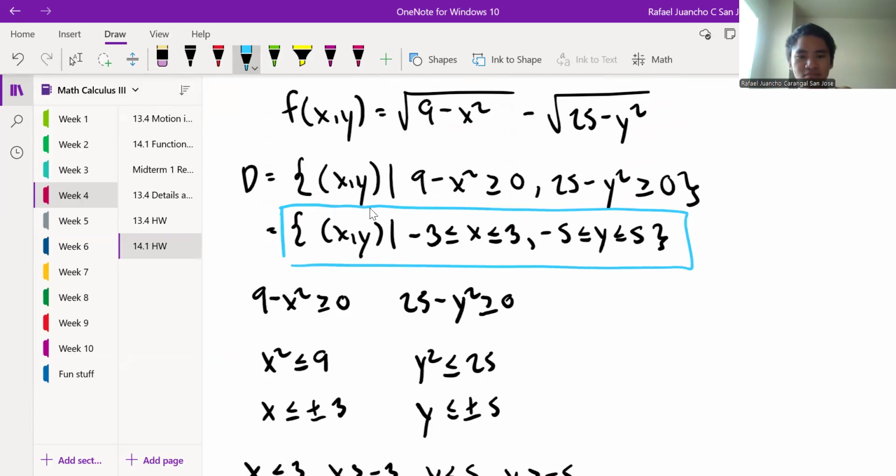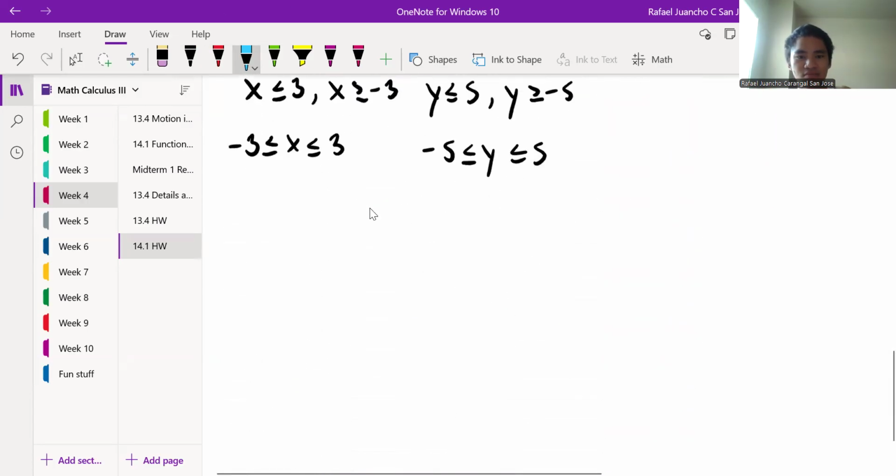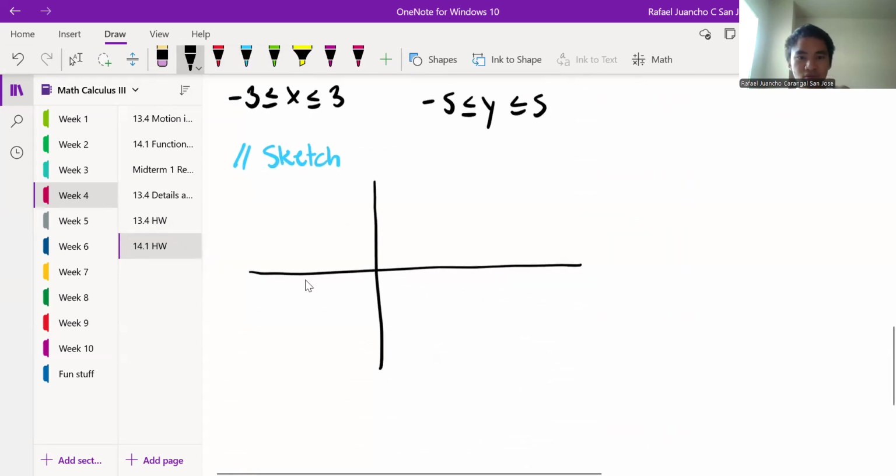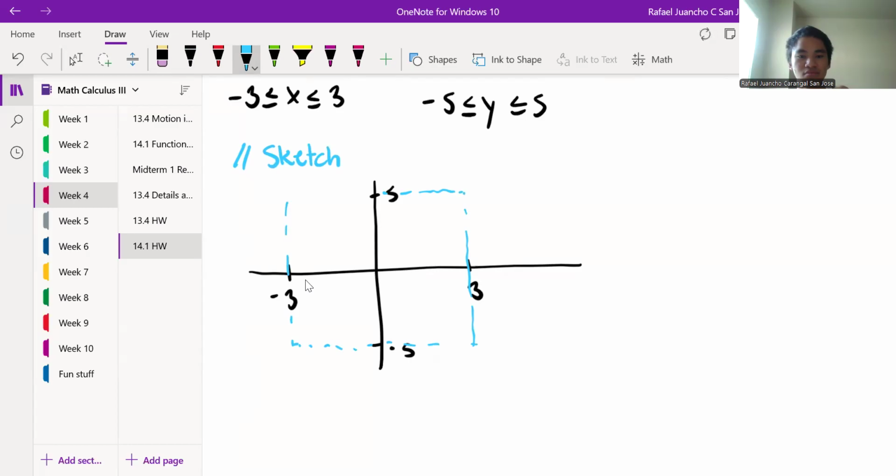And now I sketch it. So when I sketch this in 2D, I can see, well, it should be a 5 here and a -5 because that's my restriction. Here it's a -3 and a +3. So it should be something like this, right?